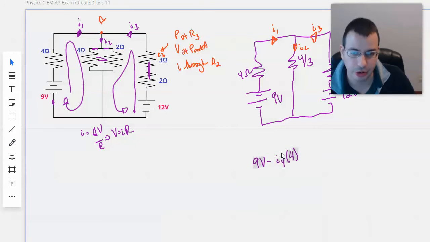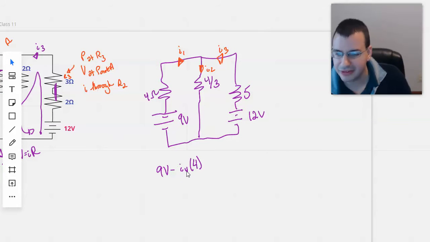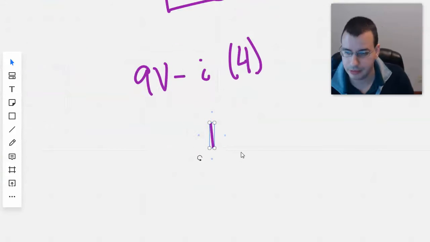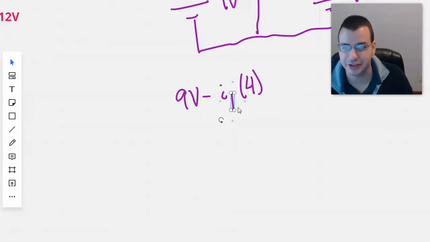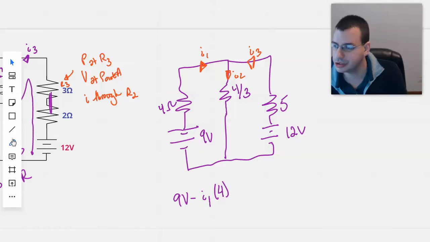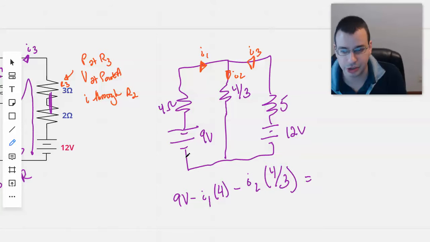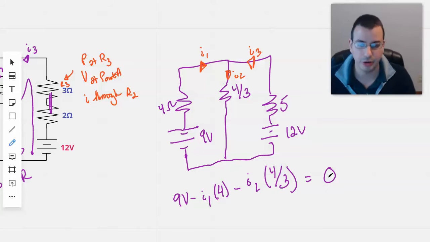Kirchhoff's voltage law. Did I say I4? This should be I1. So we have I1 coming through here, then we'll have I2 going through 4/3, back to purple, minus I2 times 4/3, and then back to the battery, back to our starting point here, which is 0.